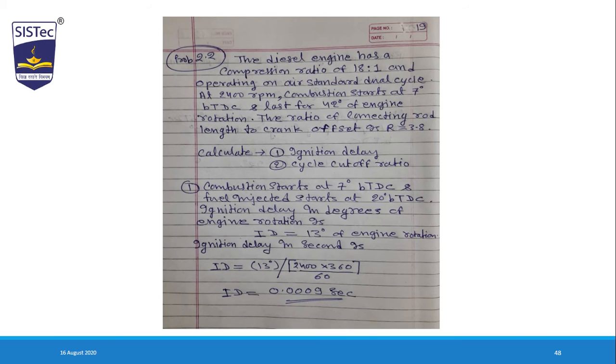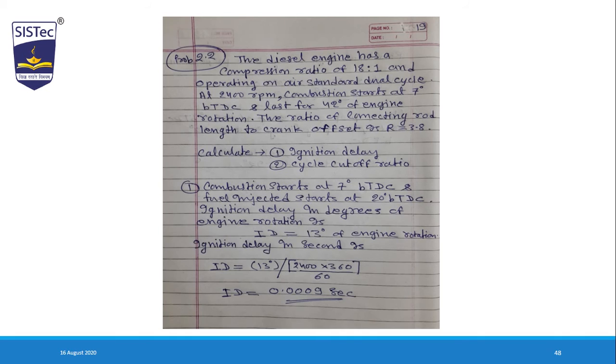The ratio of connecting rod length to crank offset is 3.8, which is represented by capital R. Now calculate the ignition delay and cycle cutoff ratio.